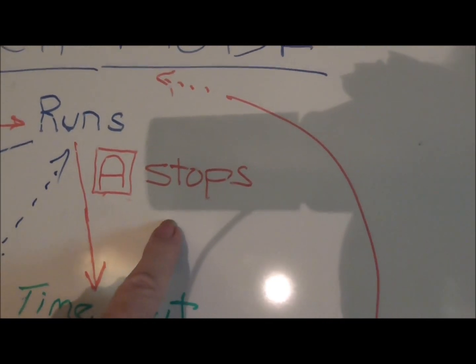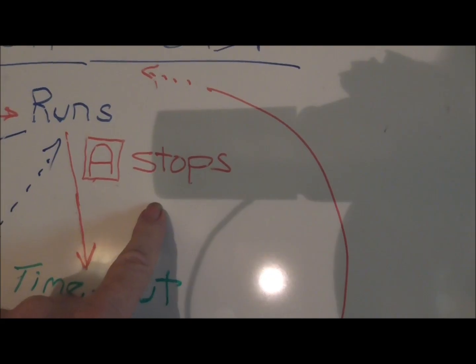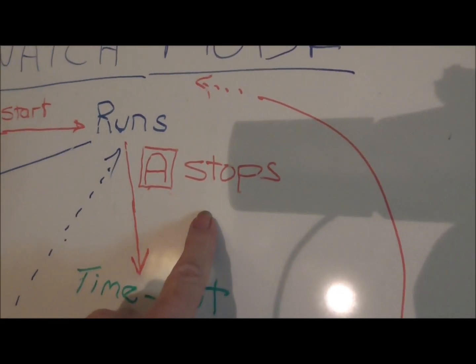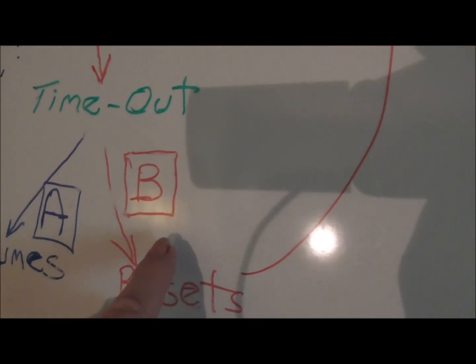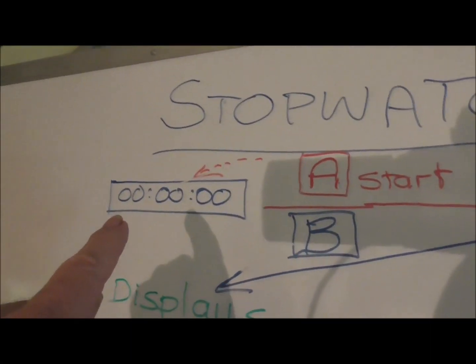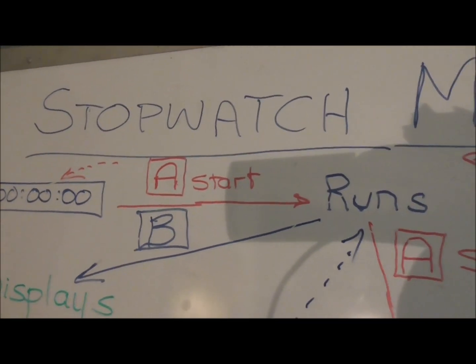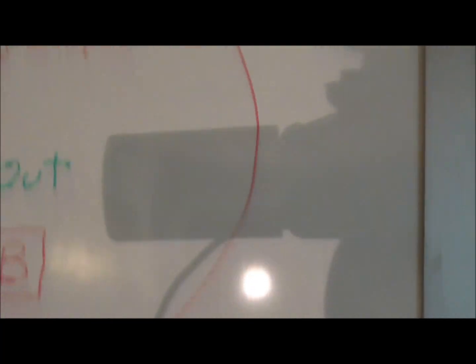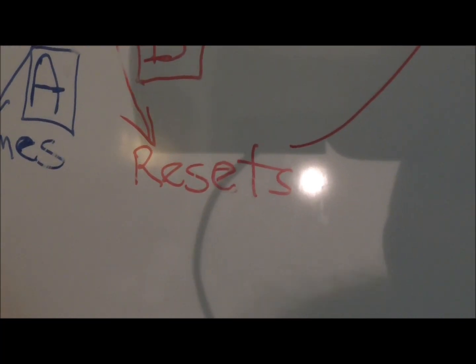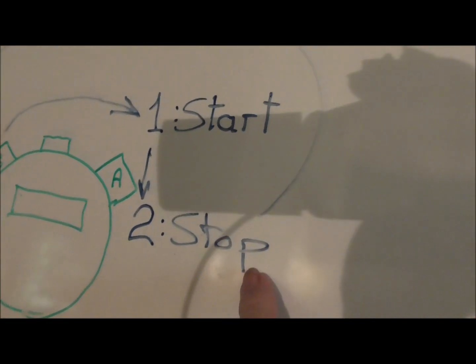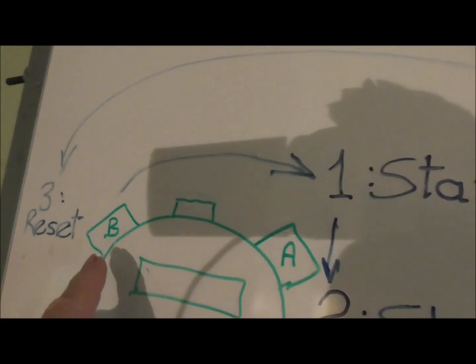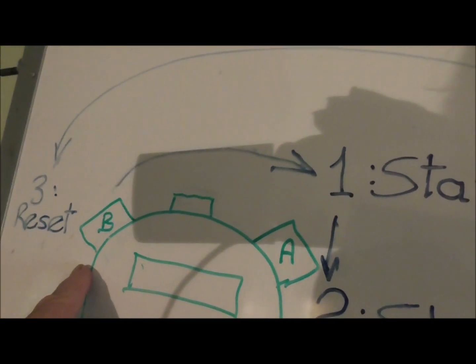You stop it using button A whenever any part of the swimmer's body touches the wall, and then you will reset it using button B, and you go around and you're back here again. So you'll go start, stop, reset. The same as we had over here. This is what it looks like on your stopwatch. Start using button A, stop using button A, reset using button B.